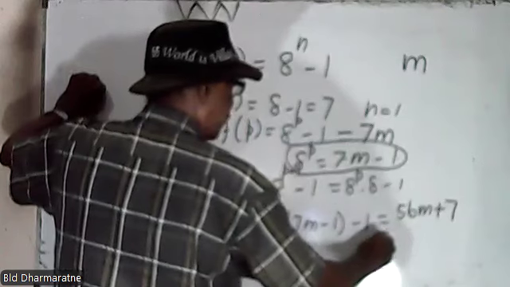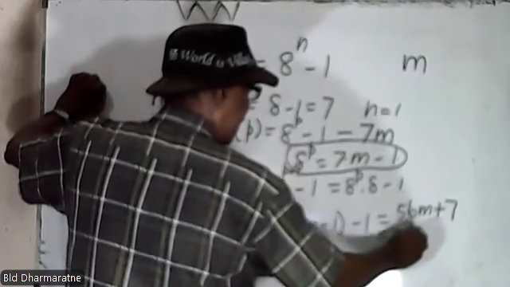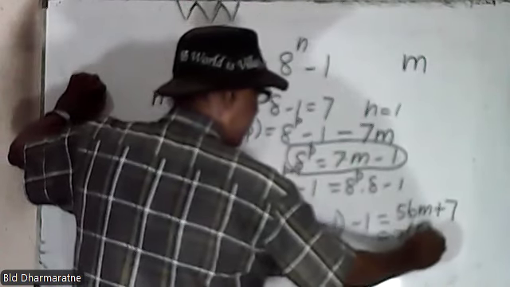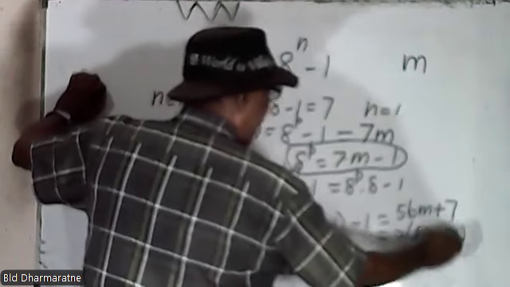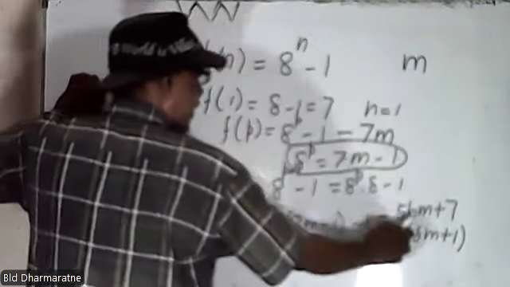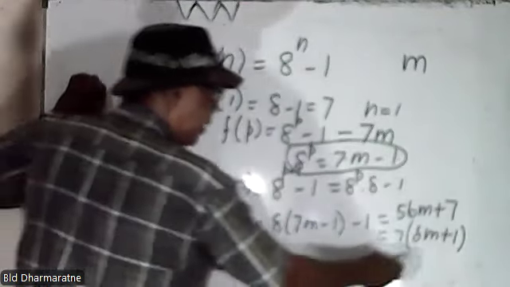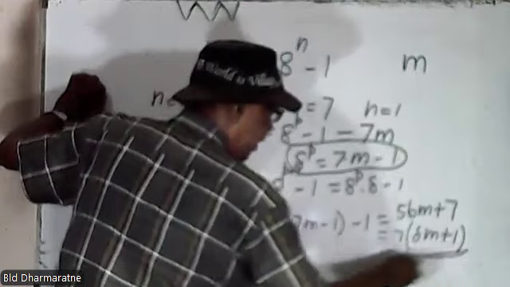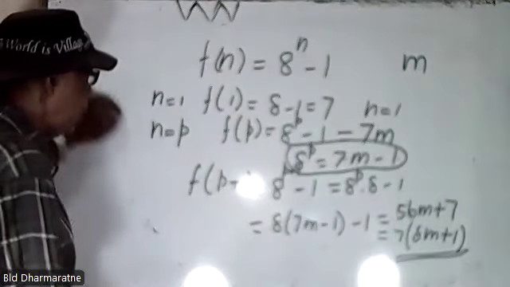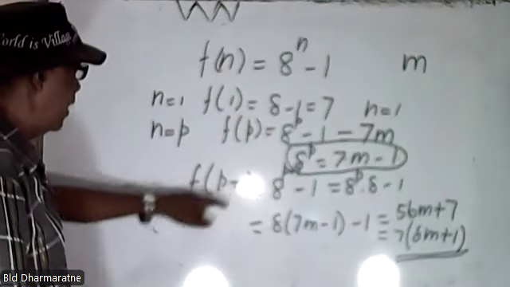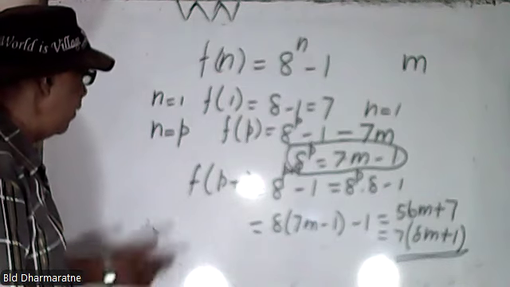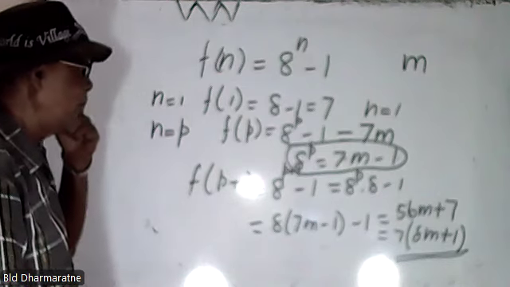This can be written as 7 times (8m plus 1), where m is an integer. 8m plus 1 is also an integer, so this is divisible by 7. When n equals p plus 1, it is also divisible by 7.